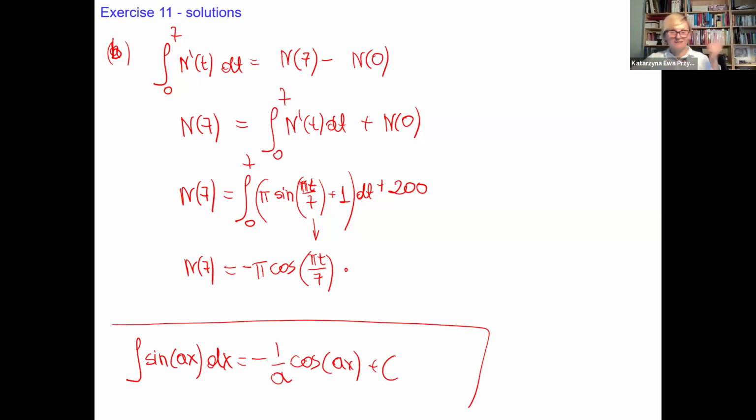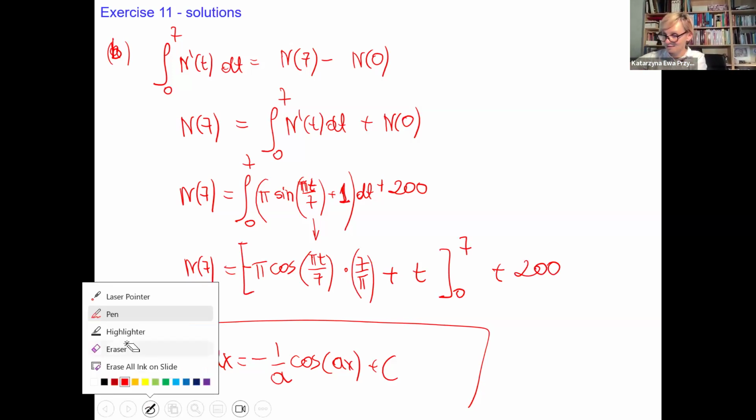We will divide by a, 1 over a. That means in our situation, the a is pi over 7. We will divide by pi over 7, meaning multiplying by 7 over pi. And then the integral of 1 is t, from 0 to 7, and plus 200. Okay, that means the integration is important. And this. Okay, let's do it.